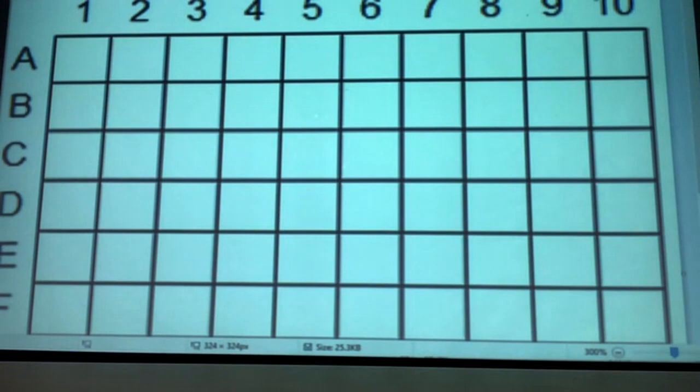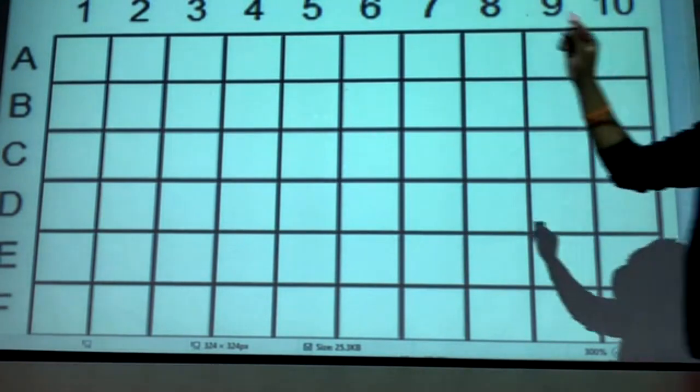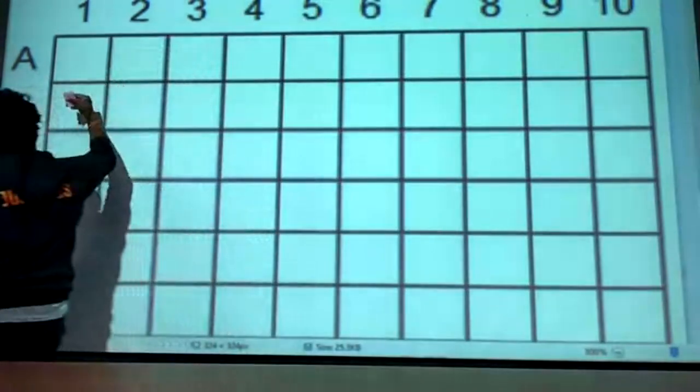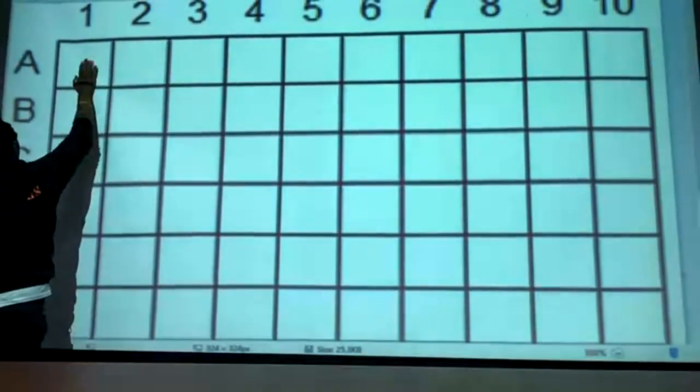They made it easier by making the columns numbers and the rows alphabets. That way, if I say I'm looking for A1, where would A1 be? The first one, right? Yeah, I can reach it. So over here.